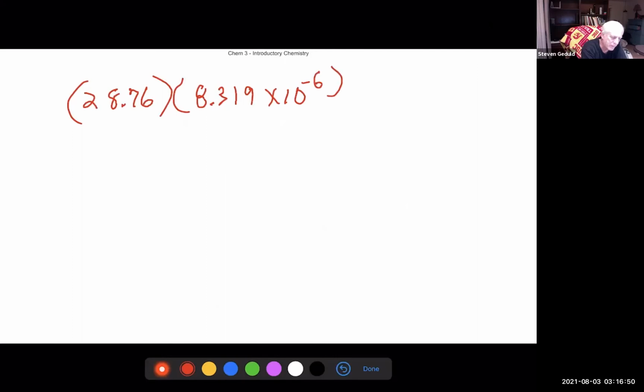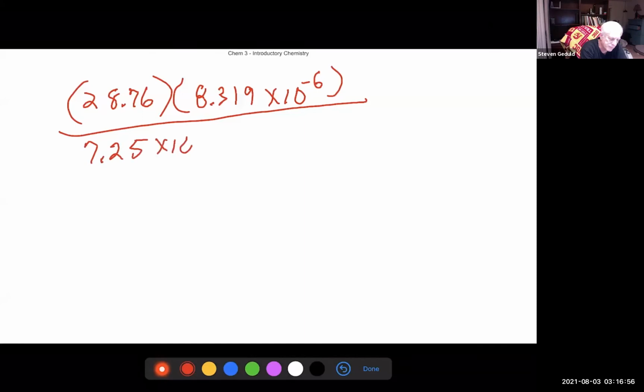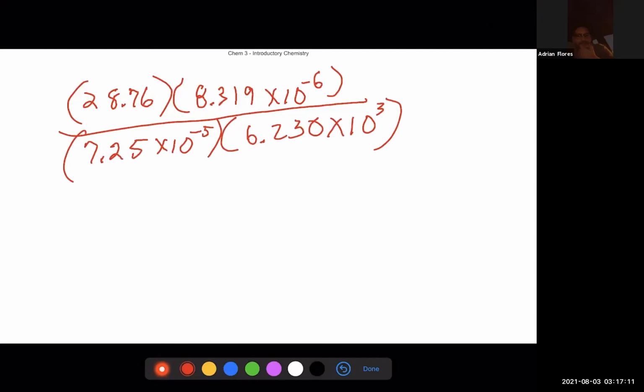All right, let's do another one. The simple rule is that you don't worry about the powers of 10 when you're doing the numbers.